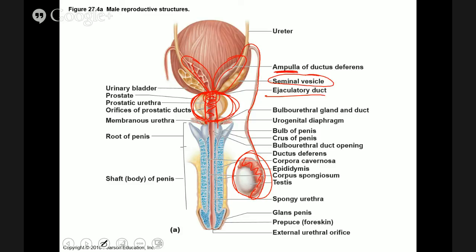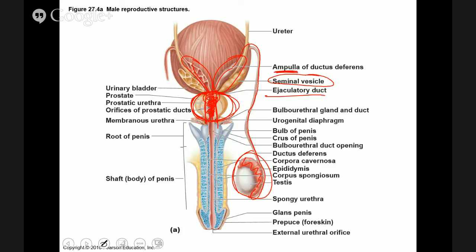It's kind of like a donut in that there's a hole in the middle of the prostate, and the urethra passes through that. That's why as the prostate becomes enlarged, which it does on average for most men as they age, you can picture that the opening in that donut gets smaller and smaller, which then closes off the prostatic urethra.